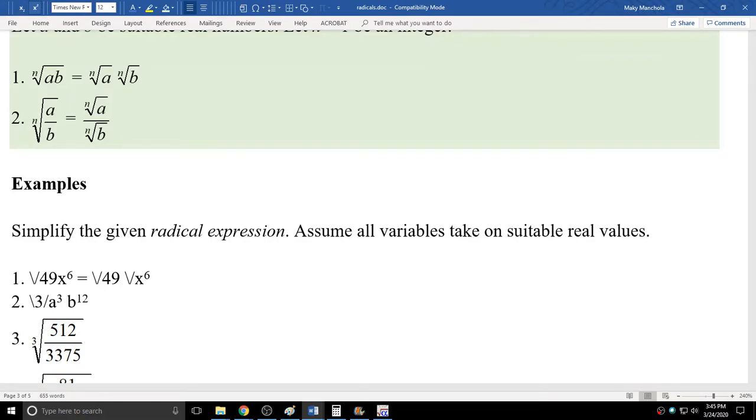Now each of these square roots can be simplified. The square root of 49 has to be 7 because 7 squared is 49.